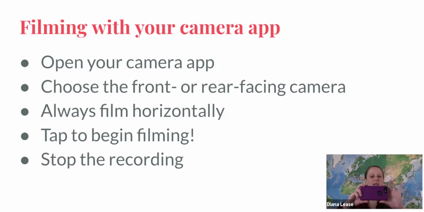But when you set it up, we want you to film horizontally. And then you press the record button and then press it again to end. You don't need to worry about that moment where you're leaning in to press the button to turn it on and off. That's actually the one thing that we are going to edit out, but it's very simple and we'll show you how to do it.